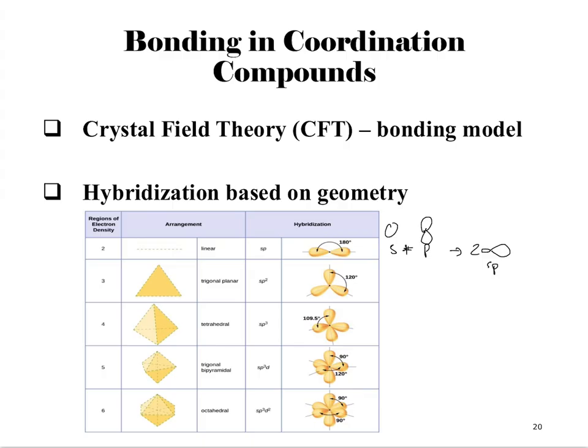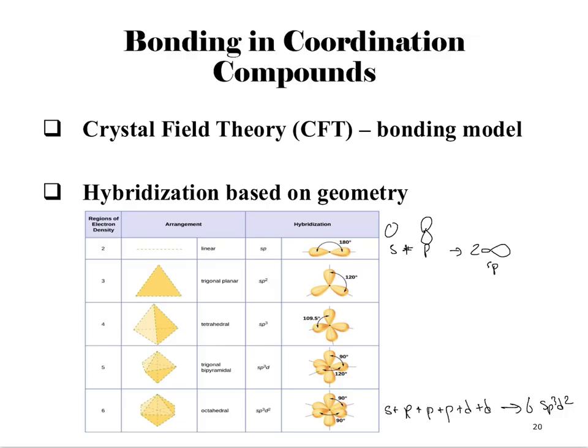So you're saying, okay, we're assuming that these just add together to form these weird shaped orbitals. Once we get to octahedral, we then add together an s plus a p plus a p plus a p plus a d orbital plus another d orbital, and that gives us then 6 sp3d2 orbitals.